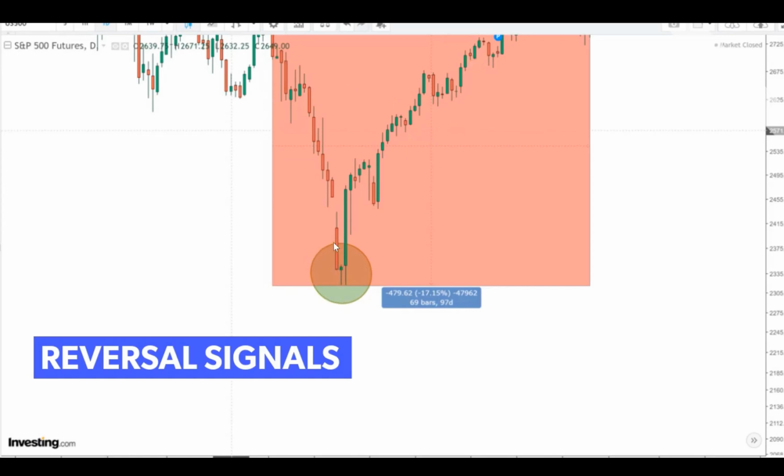So we can use this type of reversal sign to take positions, because it means the bear market is finishing, since they can no longer generate a new minimum in the prices. So take note. This one could be really useful for your actions.